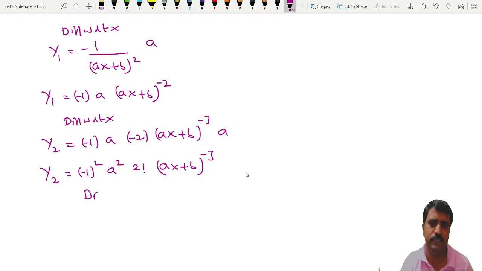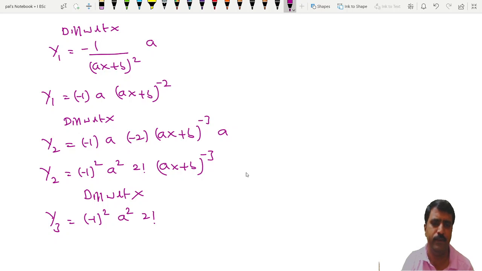You differentiate this again with respect to x. Differentiation of y2 is y3. y3 is equal to minus 1 square into a square into 2 factorial. These three factors are constants, so let us write them as they are. Now the differentiation of ax plus b to the power minus 3 is minus 3 into ax plus b to the power minus 3 minus 1, which is minus 4, into differentiation of ax plus b, which is a.